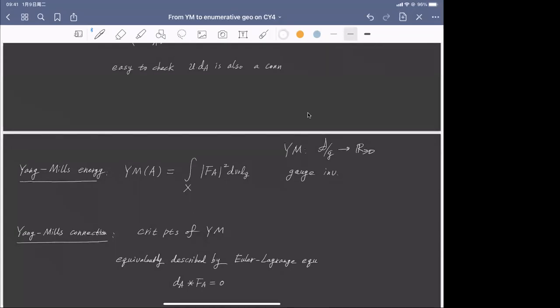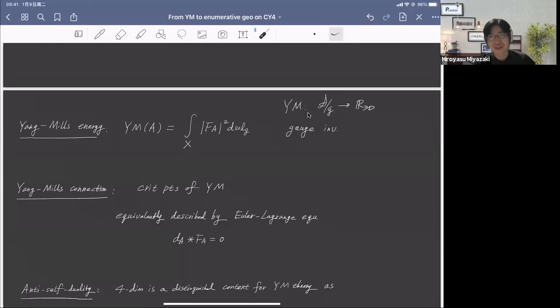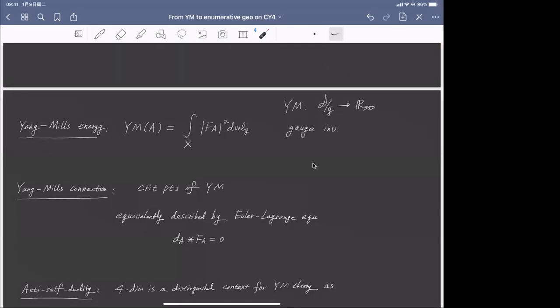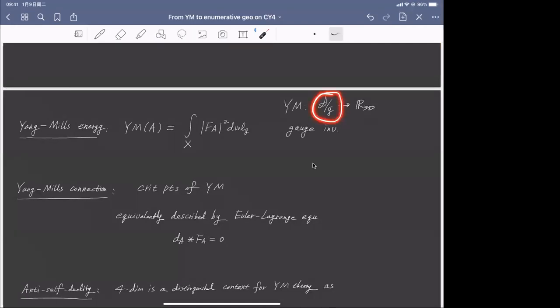Okay. So then the Yang-Mills connection is very naturally defined. Sorry for disturbing again. I'm not so familiar with the intuition of physics, but why is it called energy here? Oh yeah, why this is called energy. We can consider this as some parameter space.